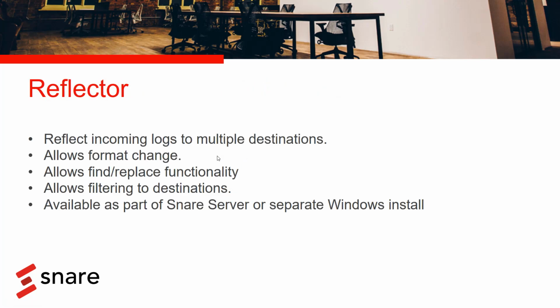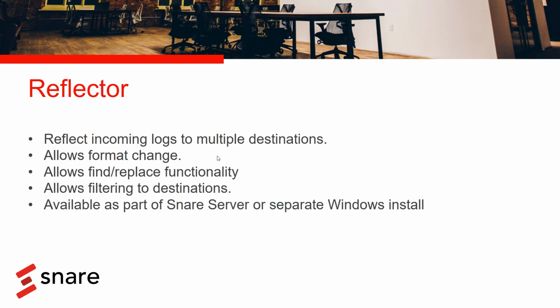Next, we have our Reflector, which can reflect incoming logs to other destinations as well. The Reflector has some nice functionality in that it allows some formatting change if you needed to change the format of the logs that were incoming and make them uniform going out. You can also use it to find and replace.